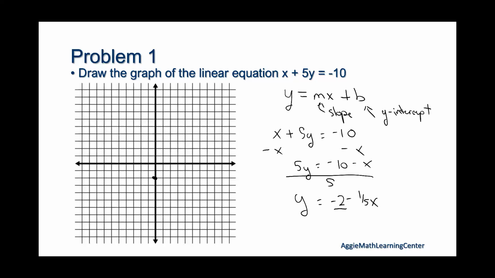So we're going to go down 1 for every 5 we go to the right. So if we did that over here on the graph, we go down 1, we go over 1, 2, 3, 4, 5 to the right, giving us that point. And then we draw a straight line through it. And that's an approximation of what our graph would look like.